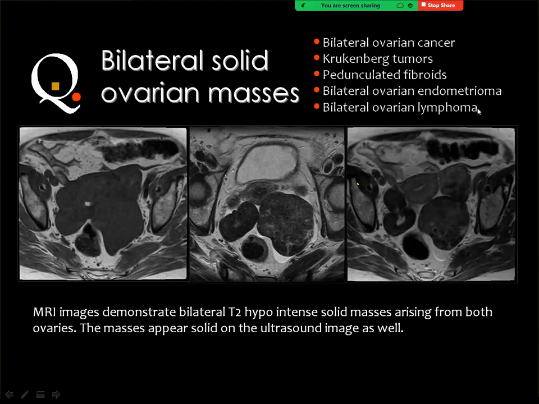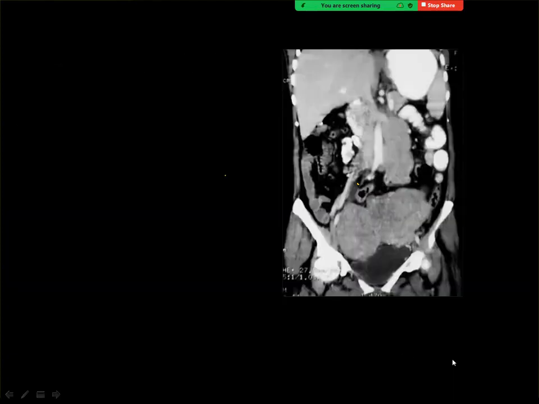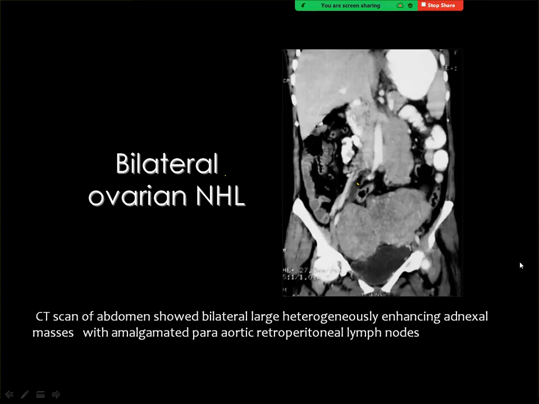And you know, ovarian lymphoma is somewhat rare. Ovarian endometrioma may have a cystic appearance, clearly identified, not like this. And pedunculated fibroids from the uterus may be, and Krukenberg and bilateral ovarian cancer. Then this is an example of bilateral ovarian non-Hodgkin lymphoma.